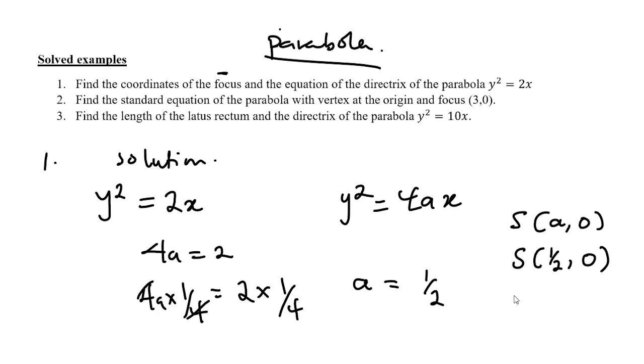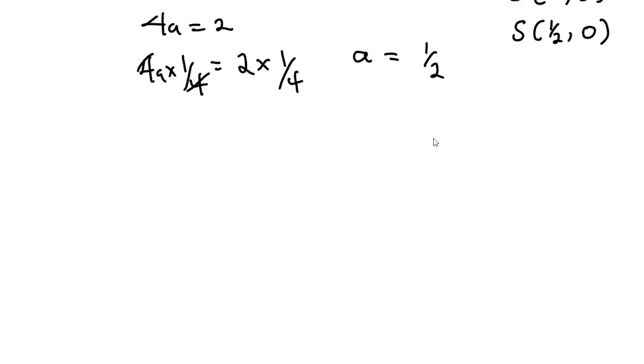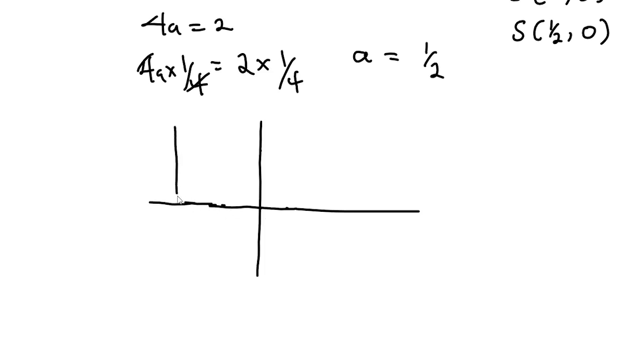Now, the equation of the directrix. If it is given in this form, let's try to sketch that one and see. We have the line here, let's say this is our directrix.